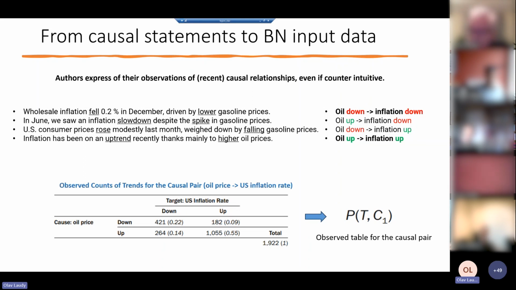We normalize these counts to probabilities. This is what we refer to as the observed table for the causal pair, and this forms the input of the Bayesian network. So the message on this slide is how we went from counting trends in causal sentences to a table that forms the input of a Bayesian network.